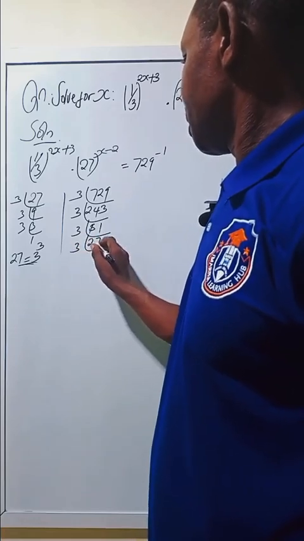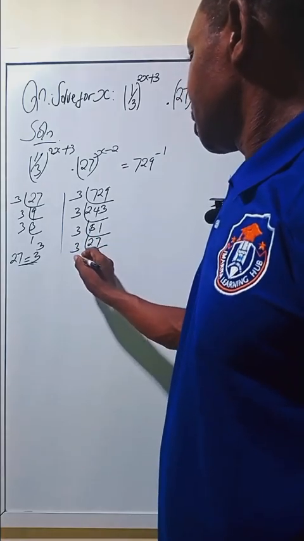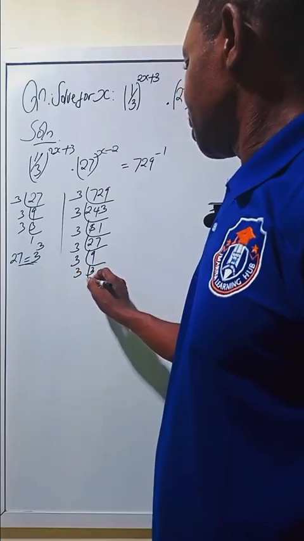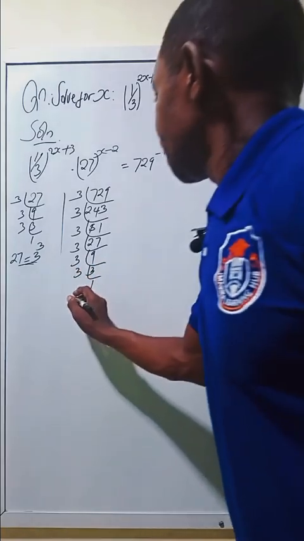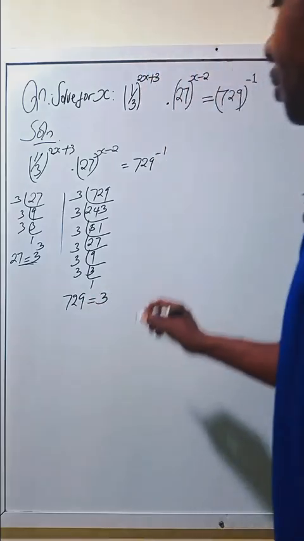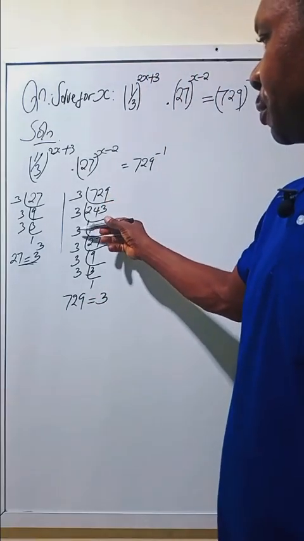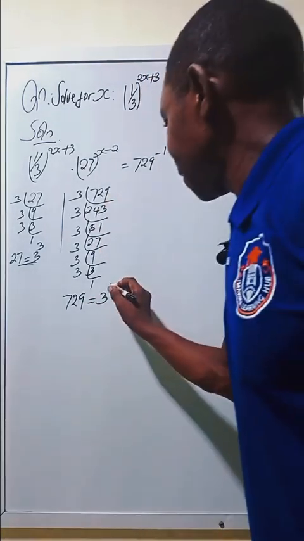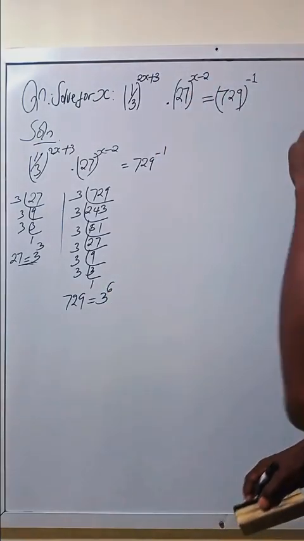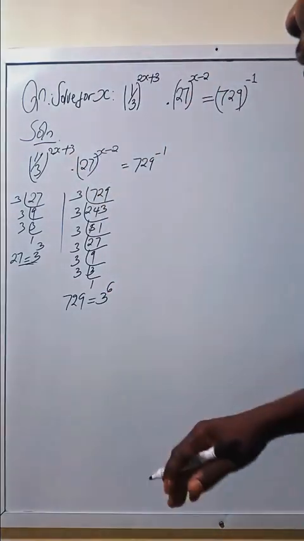By 3, 9. By 3, 3 times. And by 3, it goes there once. So 729 is the same as writing 3. How many are there? 1, 2, 3, 4, 5, 6, so 3^6. Now we can proceed.